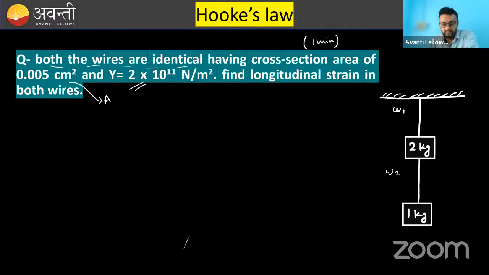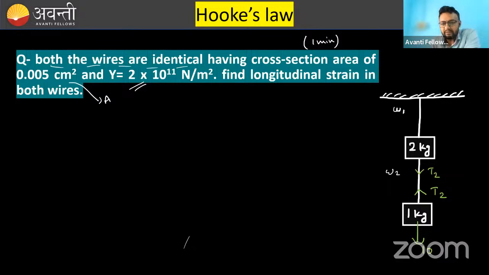First of all, let's draw it in an everyday way. This 1 kg load will exert a force of 10 Newton. Clear? And there will be a tension produced in this wire. If I write it for wire 2, this tension is T2 and T2.